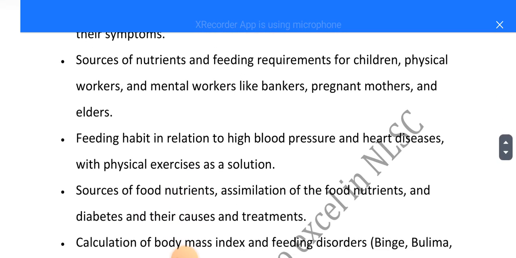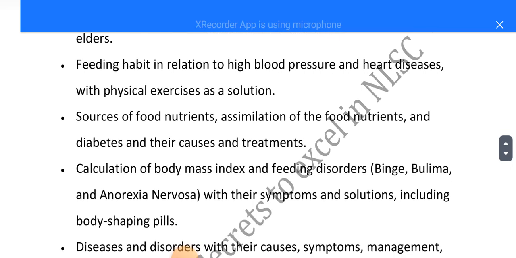Then you should also focus on feeding habits in relation to high blood pressure and heart diseases, with physical exercises as a solution. Then we have sources of food nutrients. We can look at assimilation of the food nutrients, their effects, causes, and treatment.